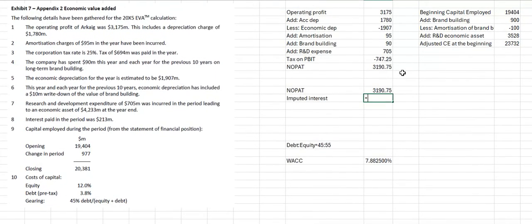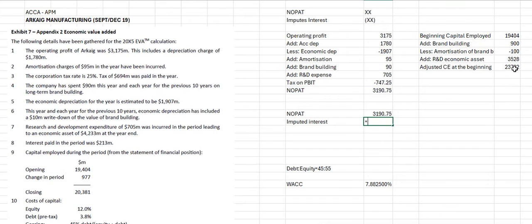So you have year beginning adjusted capital employed here multiplied by weighted average cost of capital. You get imputed interest. Better we'll put a minus sign because you're going to subtract it. There you go. And then your economic value added is 1,320.